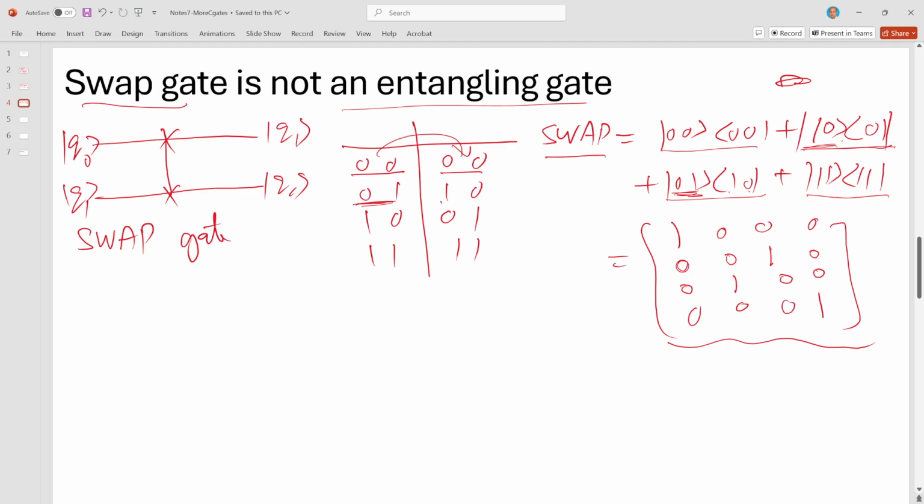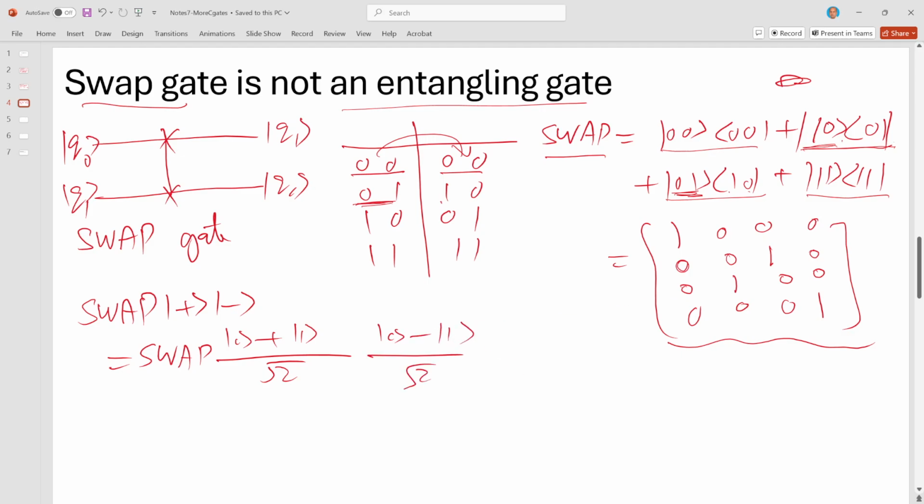Let's see its application in an example. So suppose I want to apply swap gate to this state plus minus, and let's expand the state and write it in computational basis. So |00⟩ plus |10⟩ minus |01⟩ minus |11⟩.